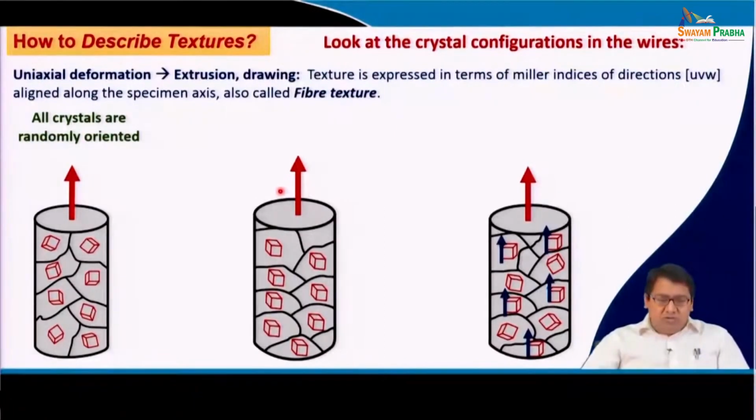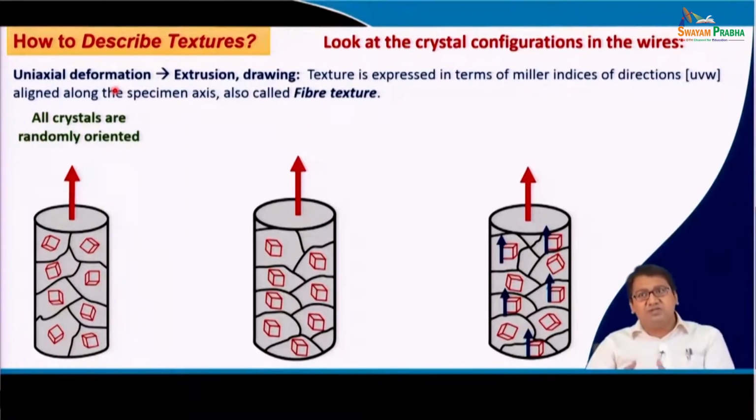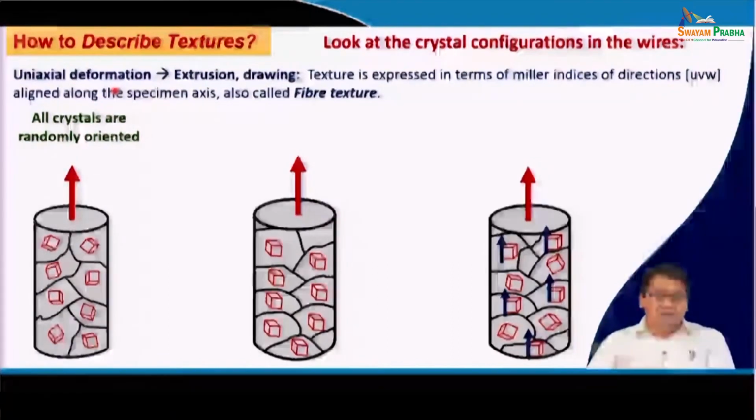Now, if the texture is described for a uniaxial deformation, a tensile deformation is a uniaxial deformation, but you see that during a plastic deformation process, uniaxial deformation comes through extrusion, or it can come through drawing of wires.